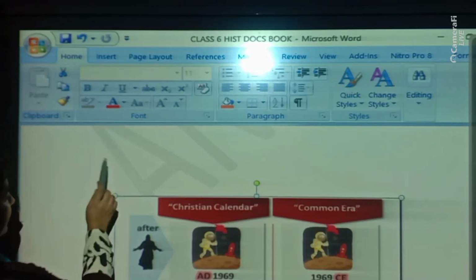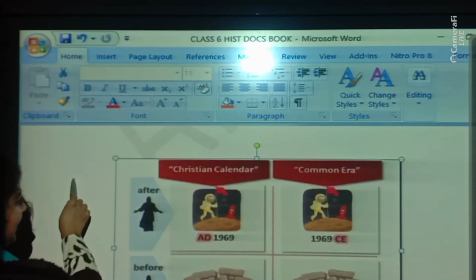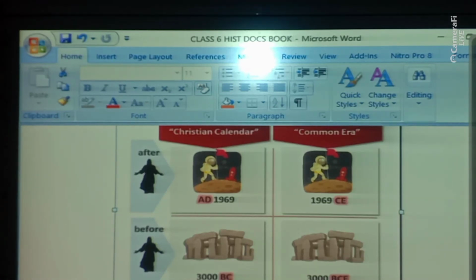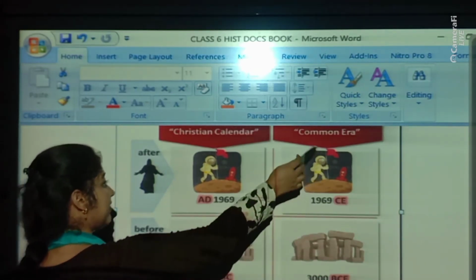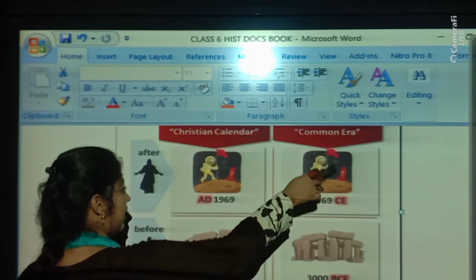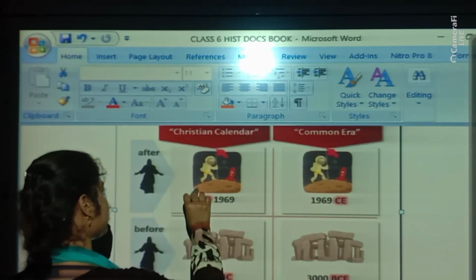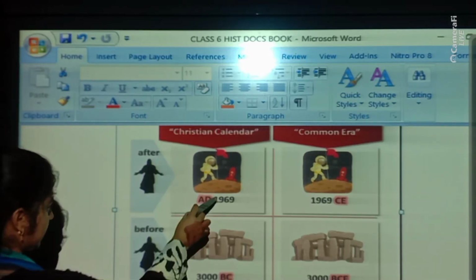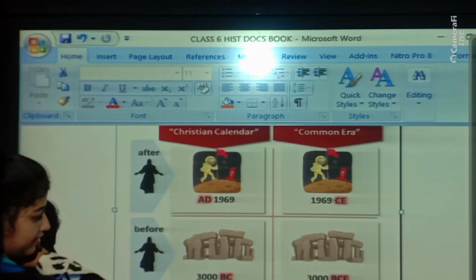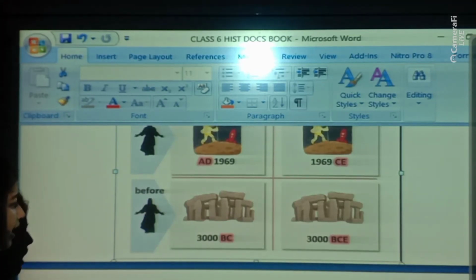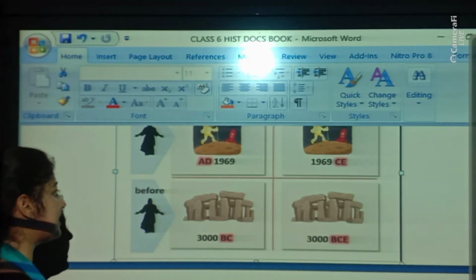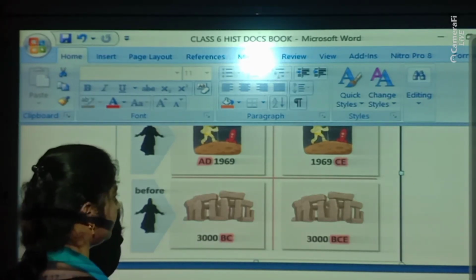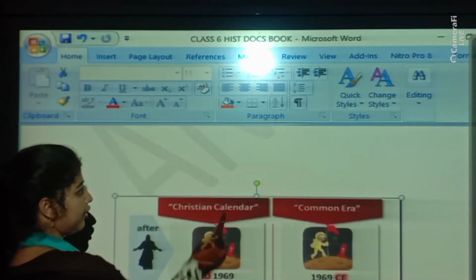Now the understanding of BCE or CE, like AD 1969 and CE common era 1969, means that in that time these incidents happened, but this is after the period of Jesus Christ's birth. Now this Stone Age period is before the birth of Christ. Clear? This is all for you today, students.